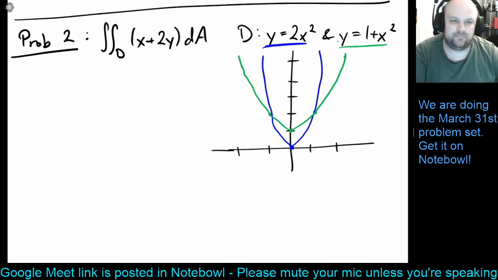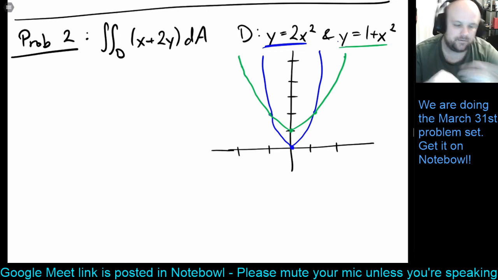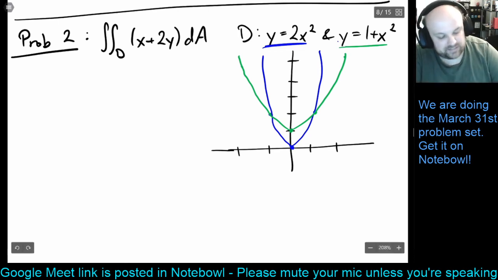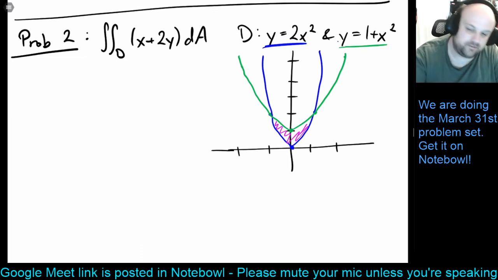All right. Now that we've plotted these two, we can see the region that the graphs of these two functions bound. That region D is this in here. This is the only region that's actually closed off by these two graphs.